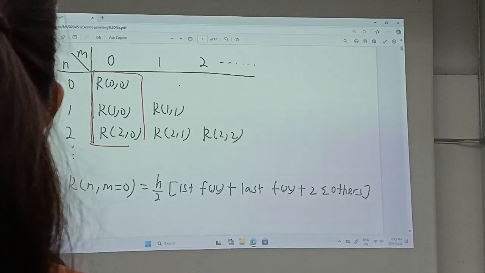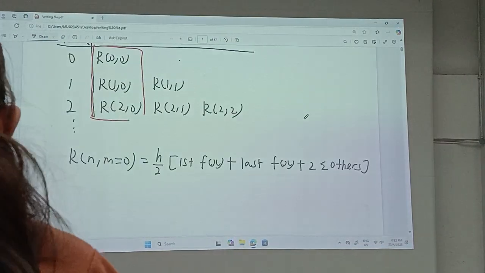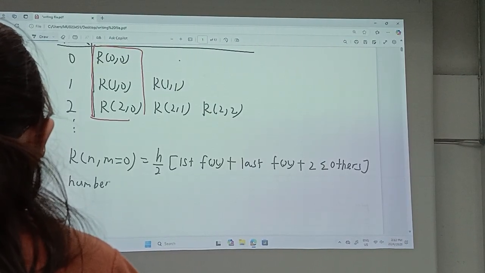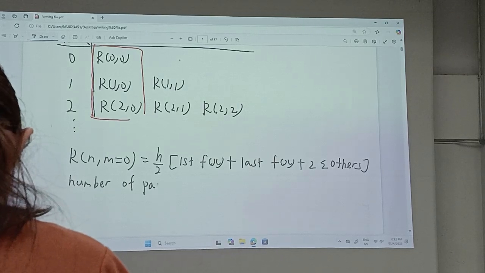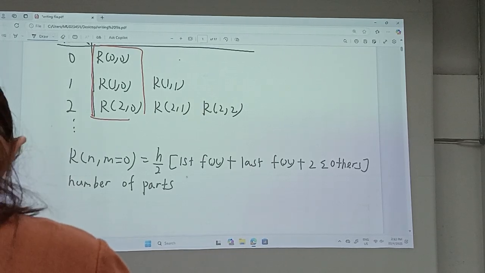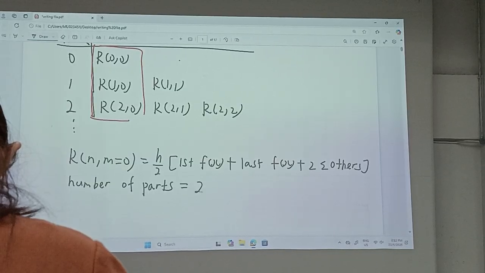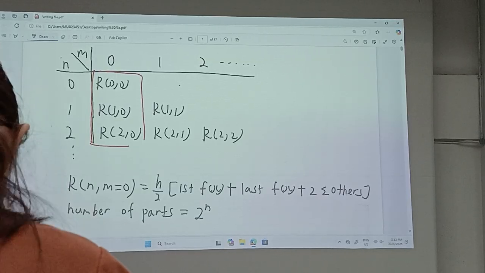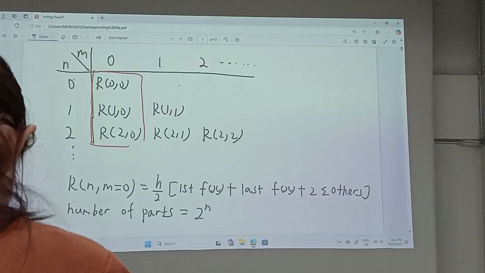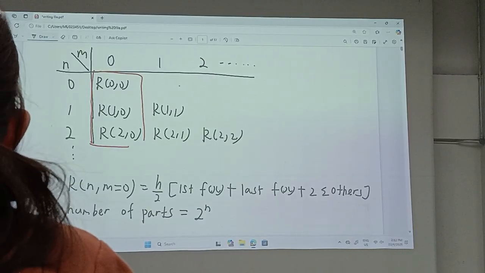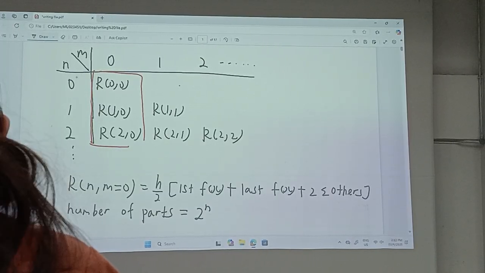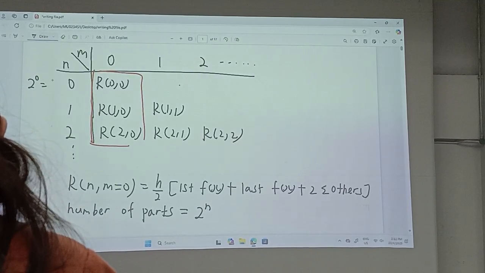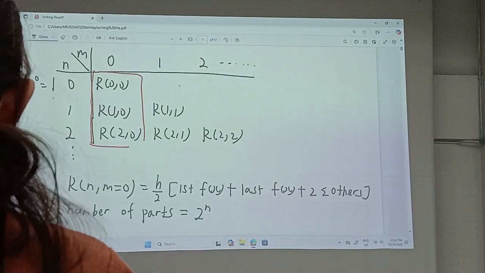Okay. So for the trapezoidal rule, there's a number of parts, right? This number of parts basically equals 2 power of n. This n is from here. So when n equal to 0, divide into how many parts? When n equal to 0, 2 power 0 equals 1, divide into 1 part.